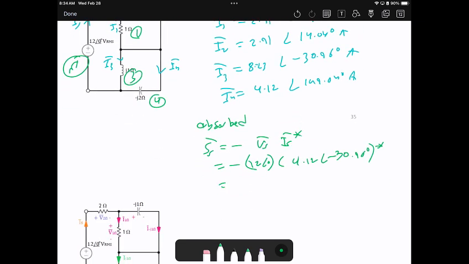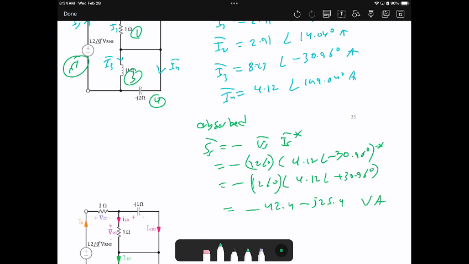So I encourage you to do the conjugate first: negative 12 angle 0 times 4.12 angle positive 30.96 degrees. Then after substituting and converting to rectangular coordinates, it will be negative 42.4 minus J25.4, in volt-amperes.